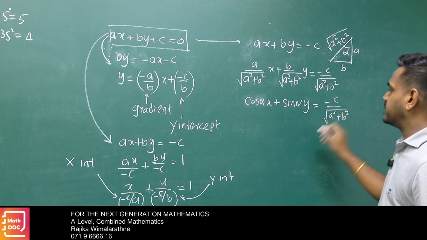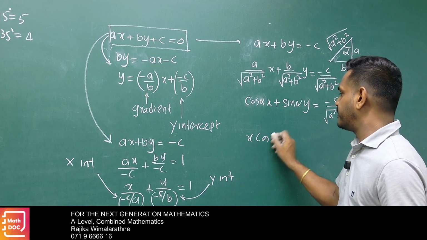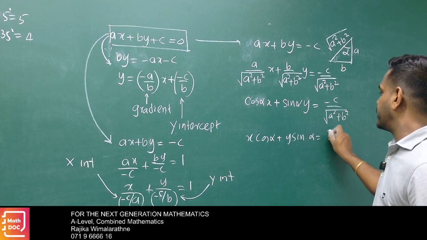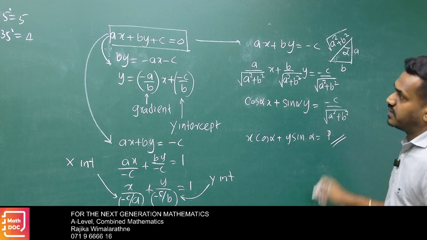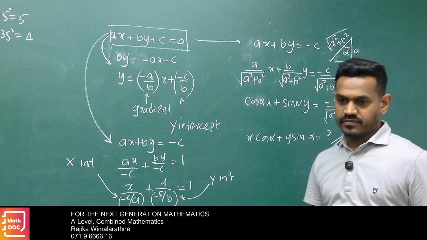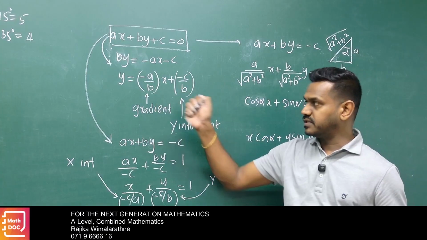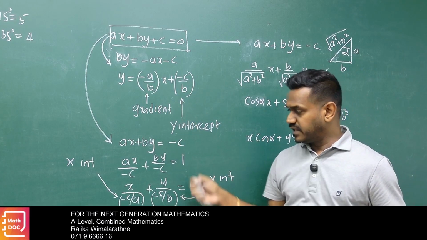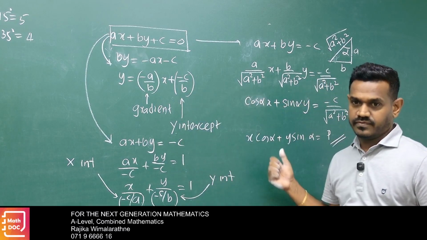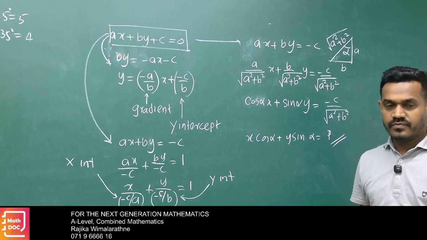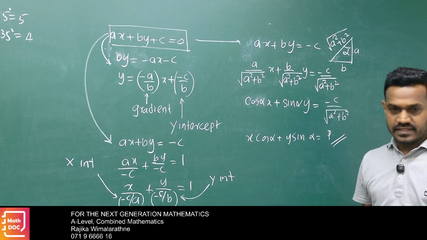Here you say p. Then x cos alpha plus y sin alpha equals p. Here we can convert different forms. General form we can convert to slope intercept form, intercept form, and normal form. All the other cases are the same. Two-point form, point slope form, those are similar type.